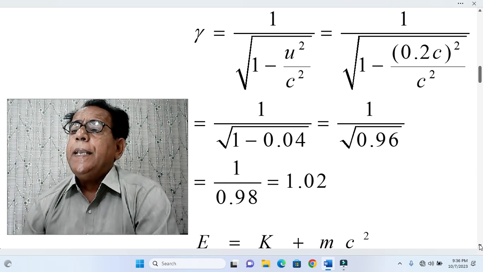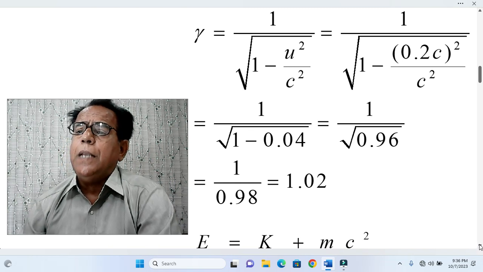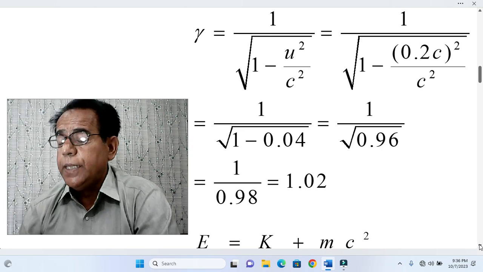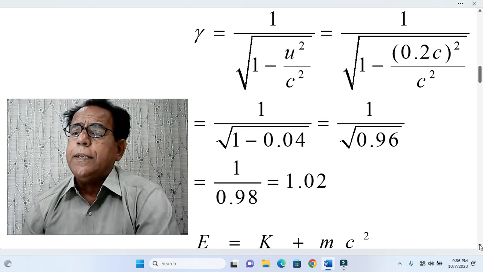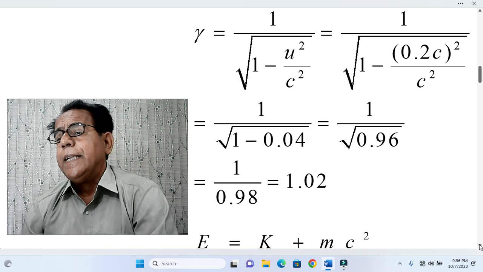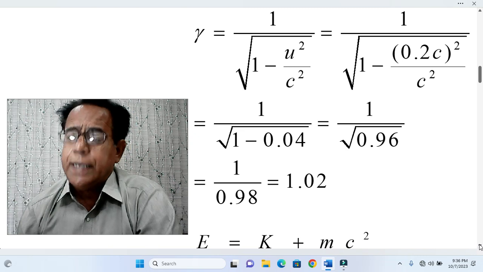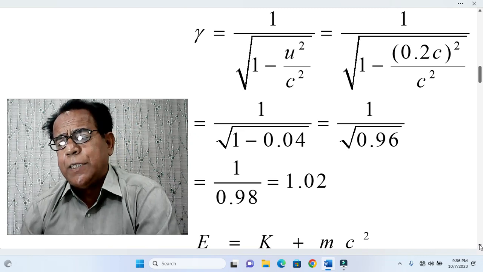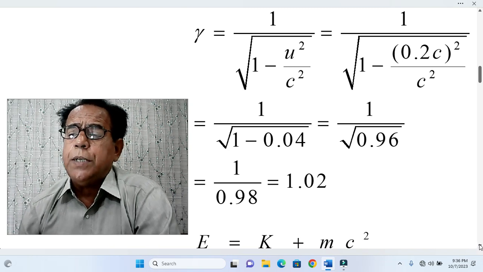The c square will cancel with c square, and we will be left with gamma equal to 1 over under root 1 minus 0.04, which becomes 1 over under root 0.96. The under root of 0.96 is 0.98, and taking its reciprocal gives 1.02.